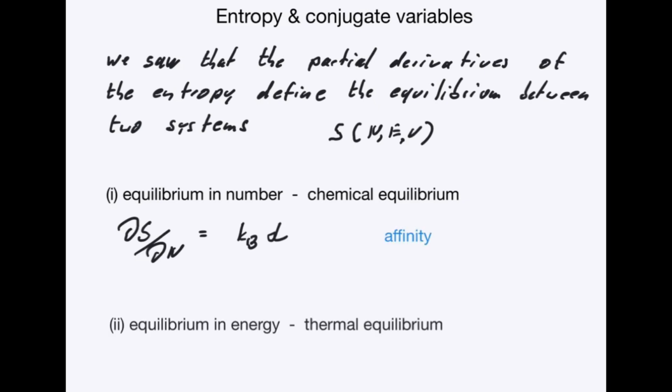The second equilibrium we considered was the equilibrium in energy, or the thermal equilibrium. The partial derivative of S with respect to E we set equal to Kb times beta, which is equal to, and that is what we will see in a moment, 1 divided by T. The definition seems also reasonable from the experiment that we proposed.